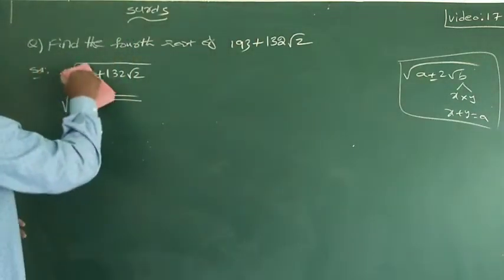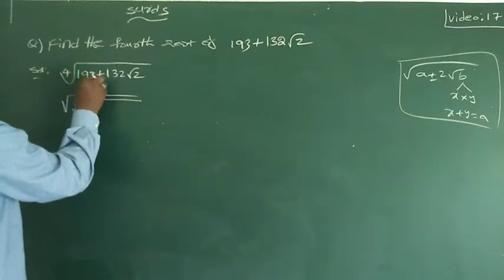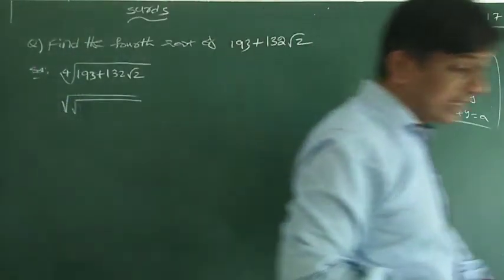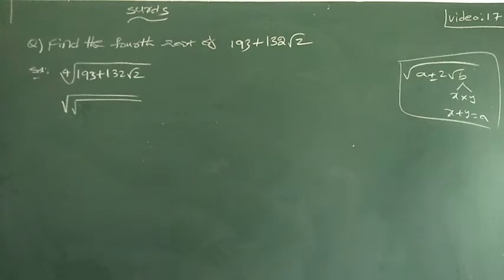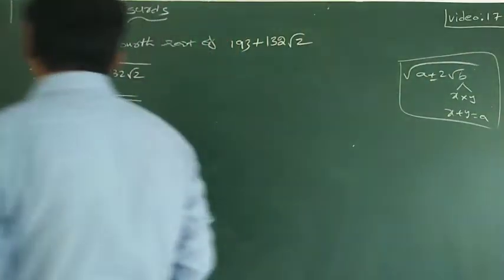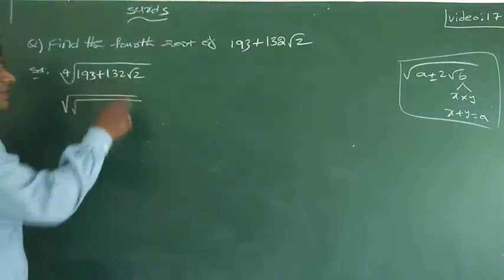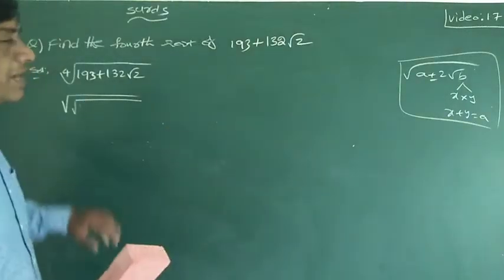Please correct this one. The problem is 193 plus 132 into root 2. Please correct this question: find the fourth root of 193 plus 132 into root 2. So the fourth root of 193 plus 132 root 2 I am going to find out.